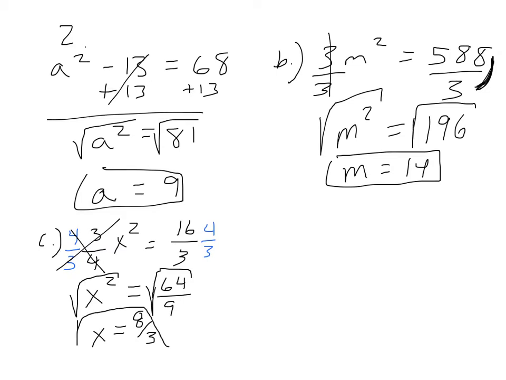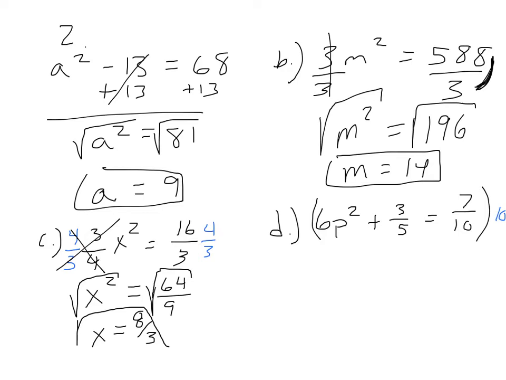Cool. And lastly, we've got D. 6p squared plus 3/5 equals 7/10. Now, to approach this, I would clear the equation of all of its fractions by multiplying everything by 10.